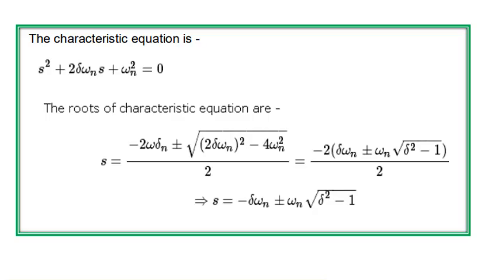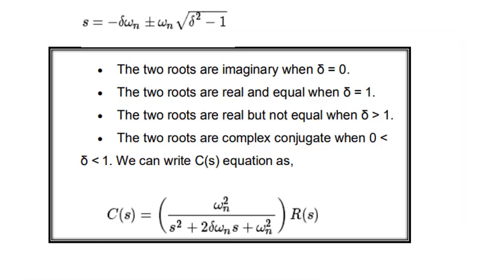On simplification, I get the roots to be minus zeta omega n plus or minus omega n square root of zeta square minus 1. You can understand there are two roots present: plus stands for one root and minus stands for the second root. These are the roots obtained for the transfer function of a second order system.